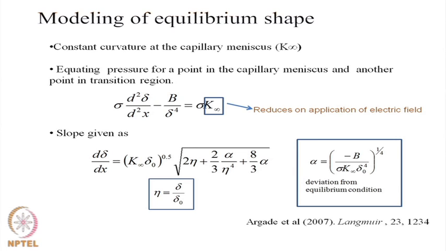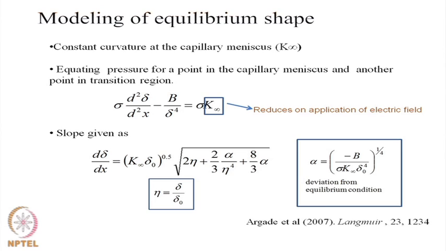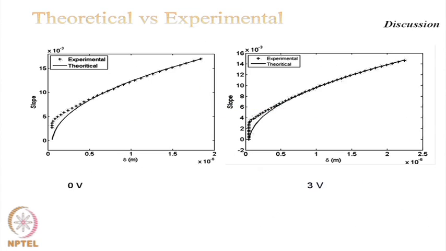So, we can do similar analysis as we have done before, and then in this equation the K infinity reduces on application of electric field. What we have is the comparison between the theoretical value of slope and the experimental value of slope, and the comparison gives us the value of the Hamaker constant.